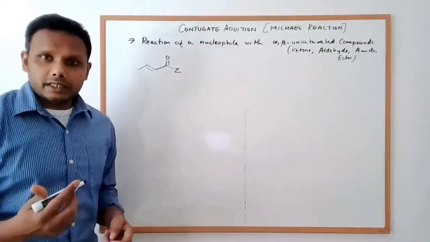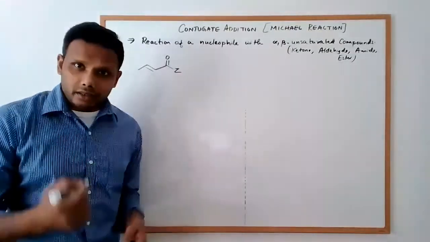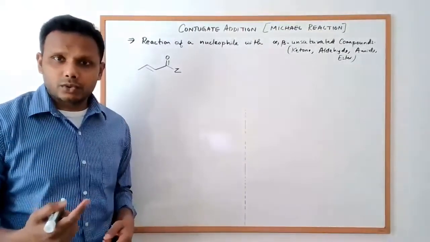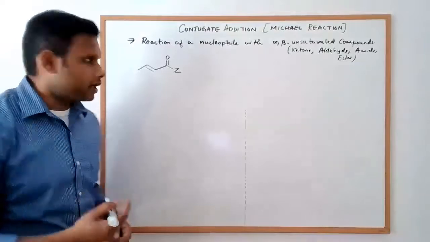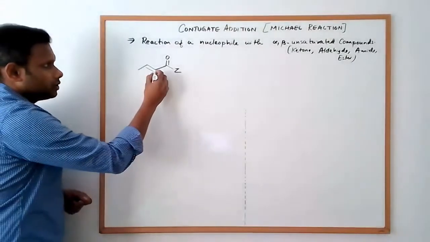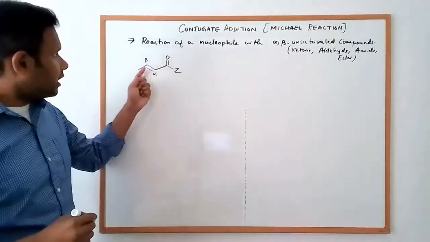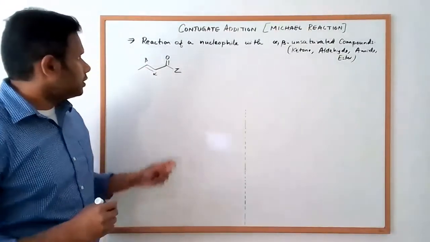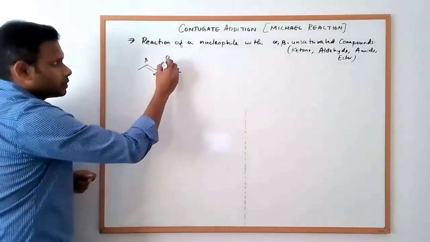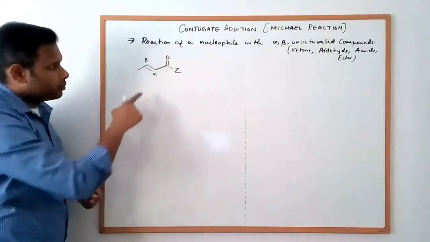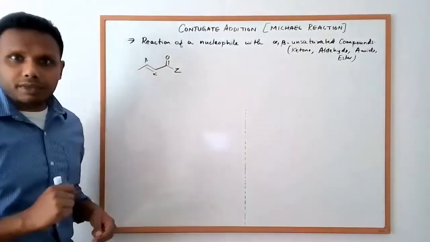Now, alpha beta unsaturated compounds, we've seen this prior in the Aldol reaction. One way to synthesize an alpha beta unsaturated carbonyl compound, like an aldehyde or a ketone, is through an Aldol reaction. These compounds have unsaturation, or a double bond, between the alpha and the beta carbon. With respect to our functional group, that's our alpha carbon and that's our beta carbon.